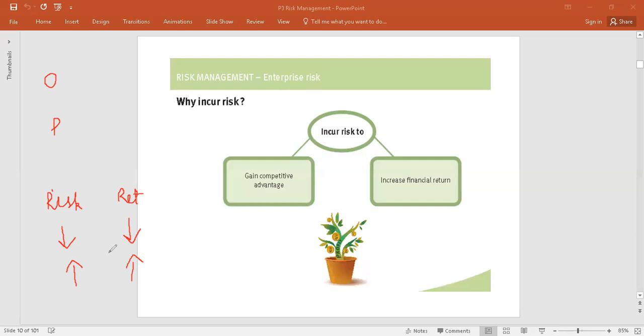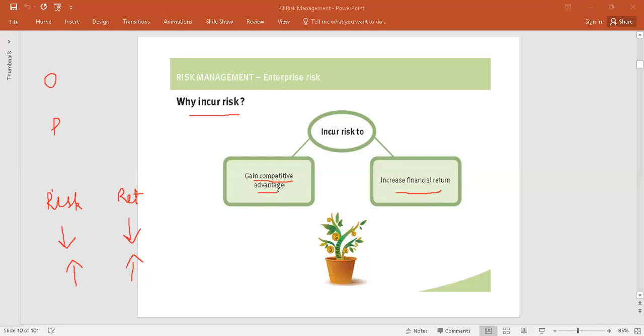So the question: why incur risk? One part of the answer is, if risk is high, the returns are also high. So to maximize returns or profitability, one takes up risk. Increased financial return is one thing. Another important thing is to gain competitive advantage.